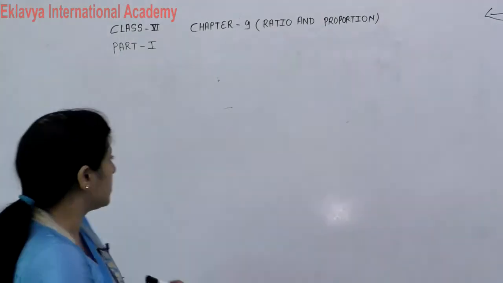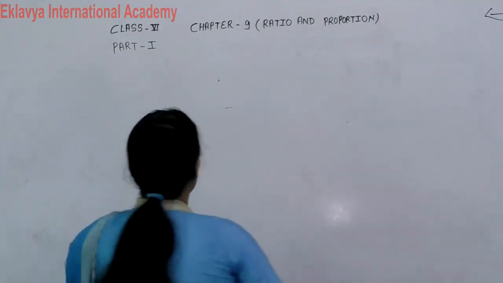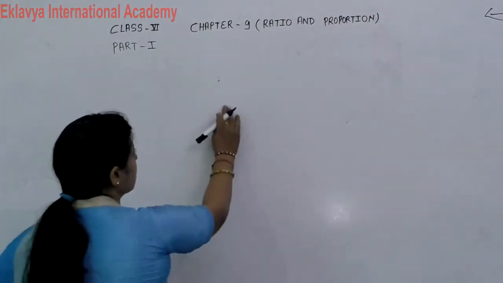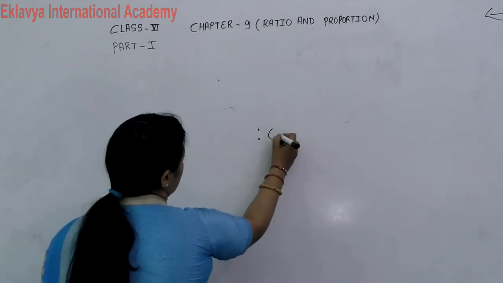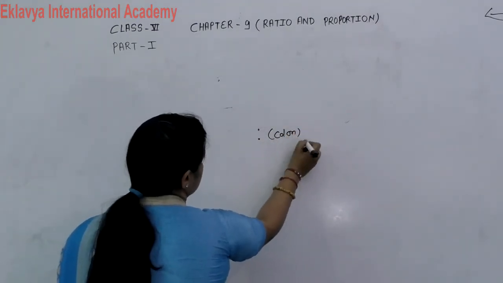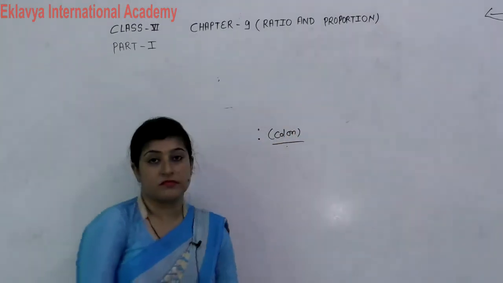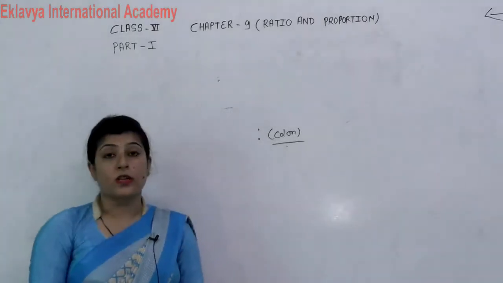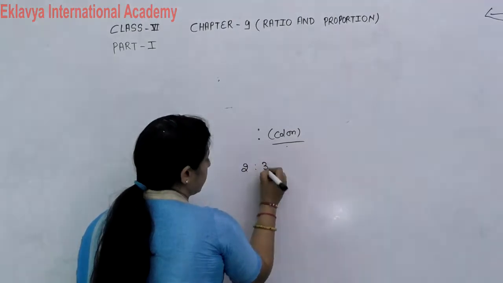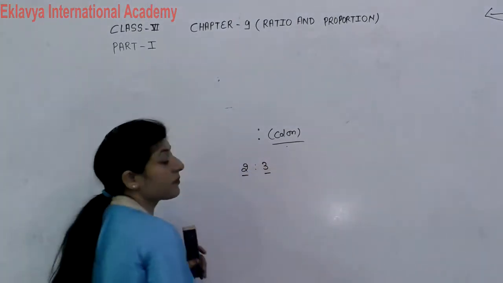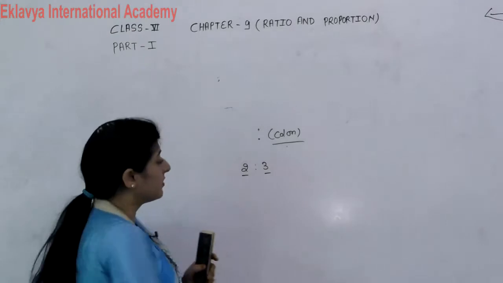Now see, how do we represent the ratio? Ratio has one sign, called colon. Suppose I write 2:3. How to read it?